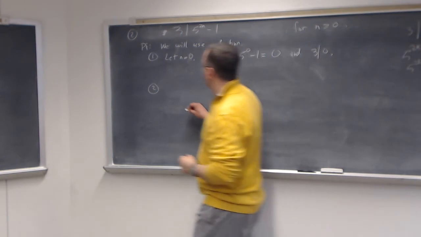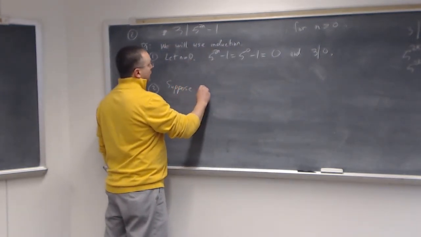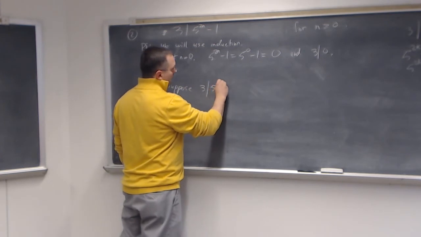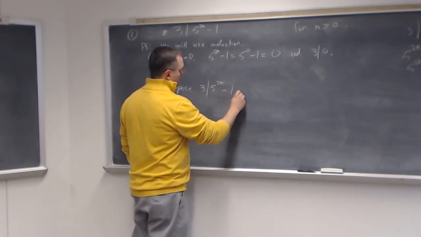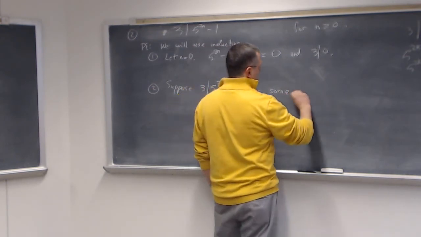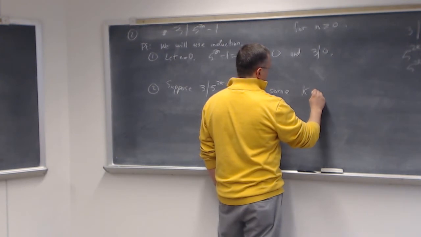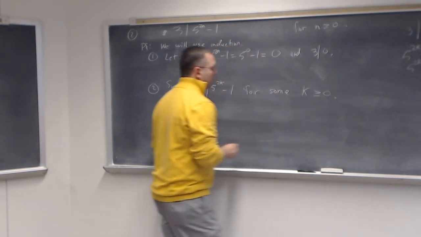So now, suppose 3 divides 5 to the 2k minus 1 for some k greater than or equal to 0.